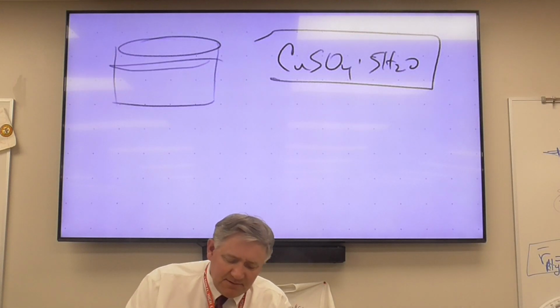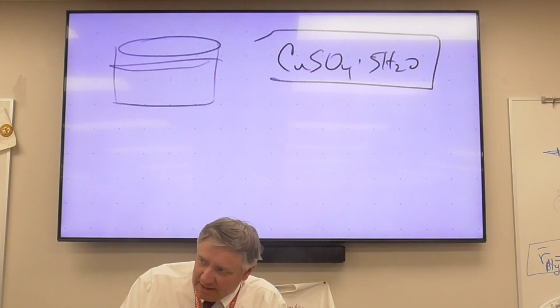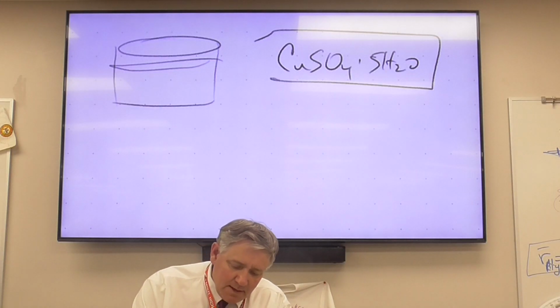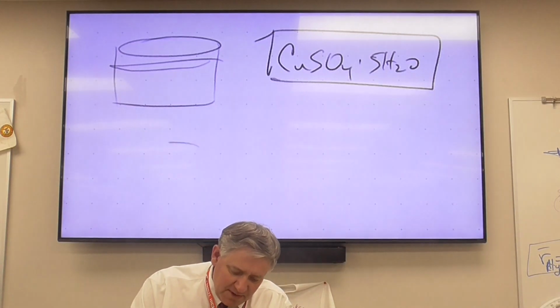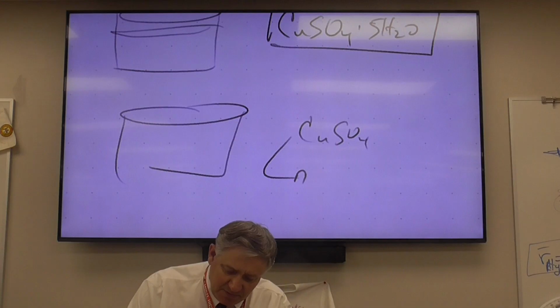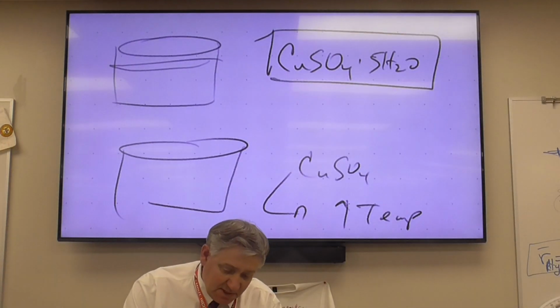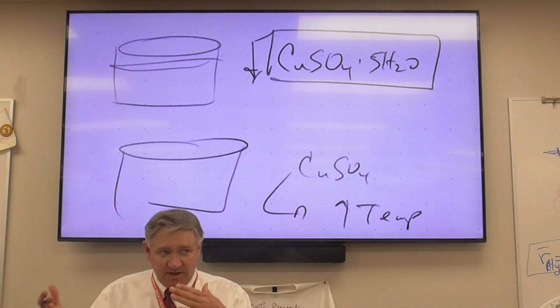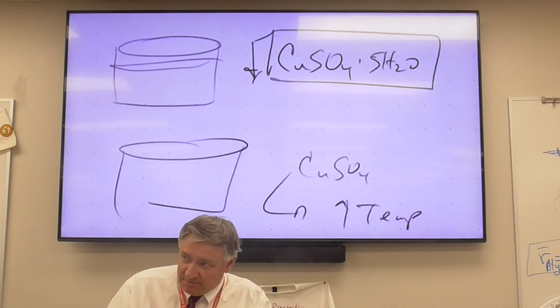Now, here's the bigger idea, especially if you compare that to the anhydrous, which is CuSO4. With the anhydrous, hopefully you saw the temperature go up. So this one, the temperature went down, and this is a nice contrast to show endothermic versus exothermic reaction.